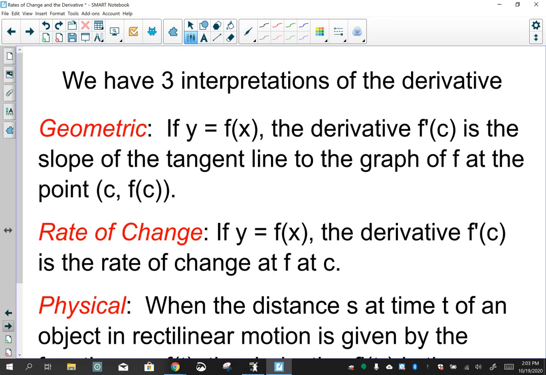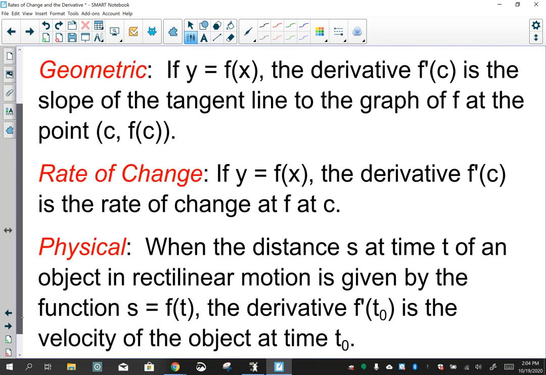We have three interpretations. Geometric: if y is equal to f of x, the derivative f prime of c is the slope of the tangent line to the graph of f at that specific point. Rate of change: if y equals f of x, the derivative f prime of c is the rate of change of f at c.